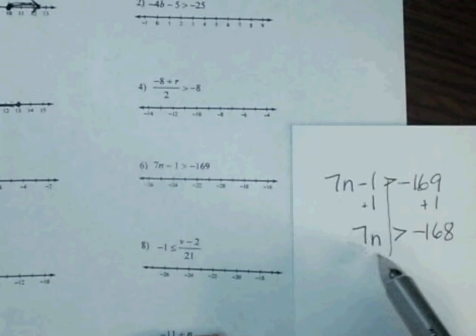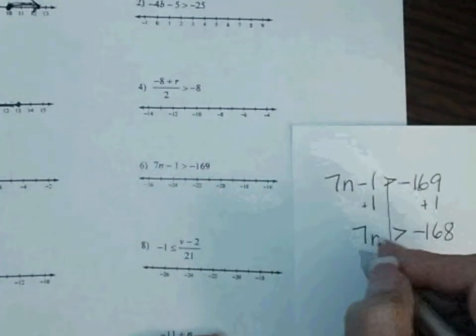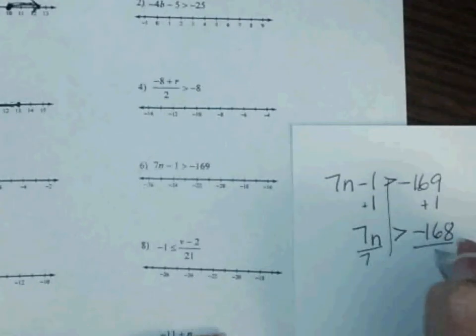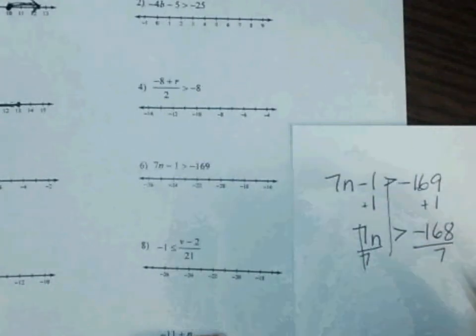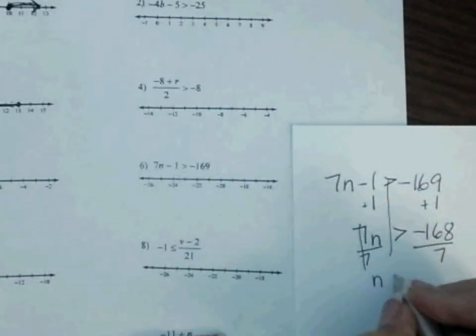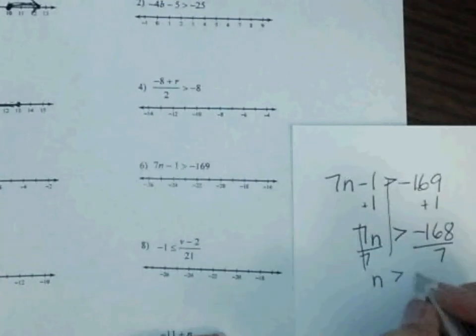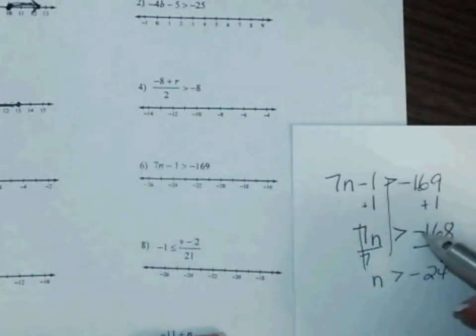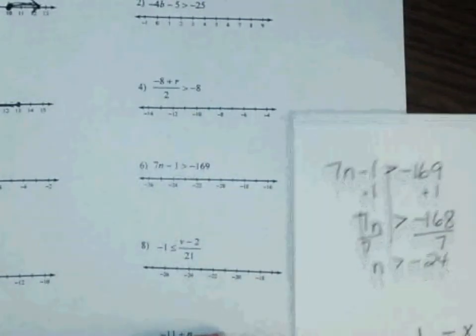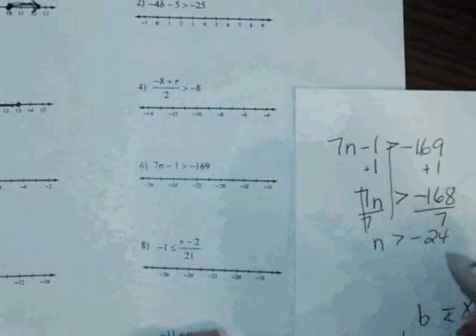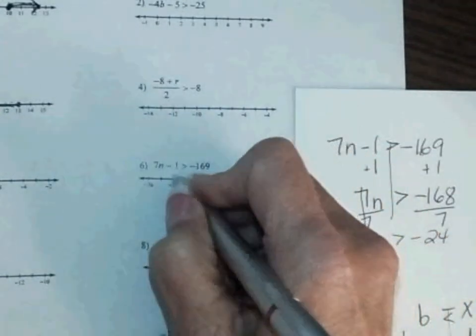Now they multiplied over here, 7n, so I'm going to divide both sides by 7. This becomes 1. I have n is greater than negative 24 because I have a negative divided by a positive. So the way that I graph that is negative 24.